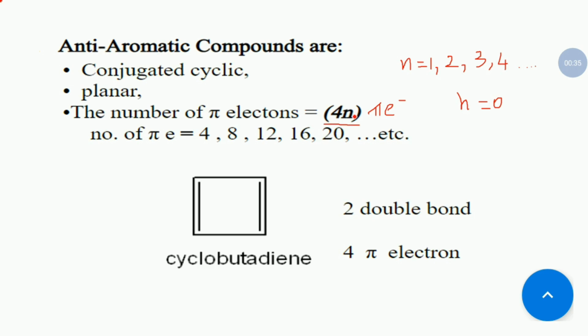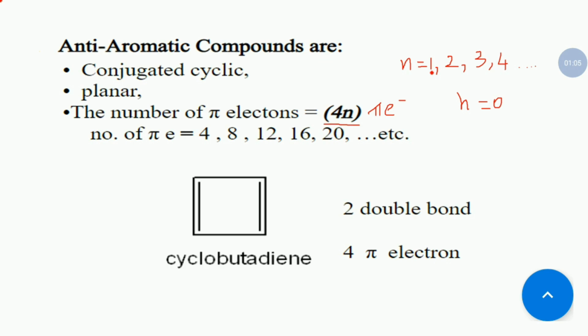That is not possible because our compound maintains conjugation and has pi bonds. So the total number of pi electrons cannot be 0. That's why in anti-aromatic compounds we start the value of n from 1, not from 0. This is the main difference between the Huckel rule for aromatic and anti-aromatic compounds.